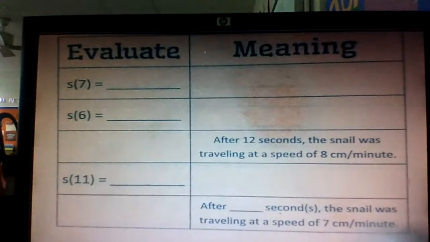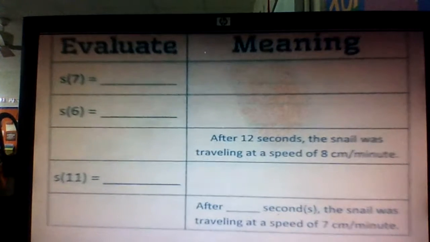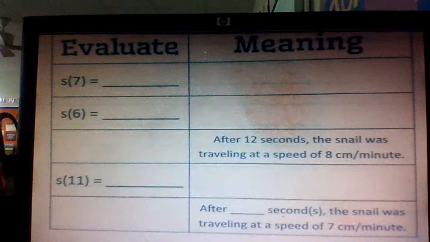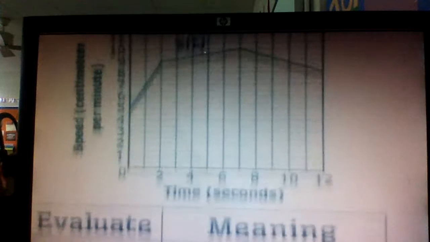There's 5 problems. Jeez Louise. Okay, actually, let me bring it down to the graph. Let me pull this down to the graph.